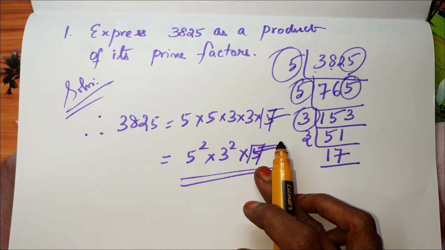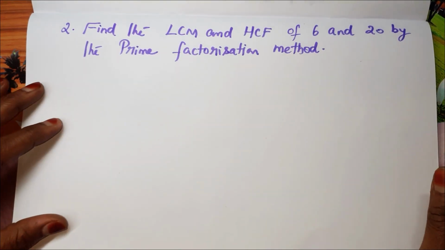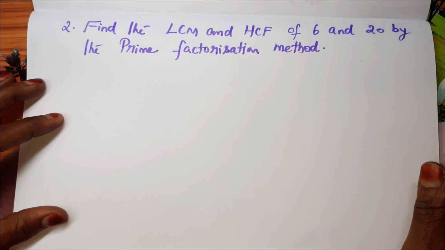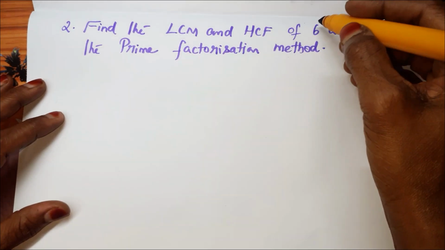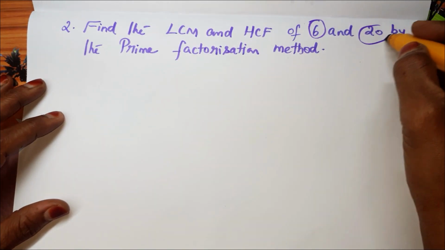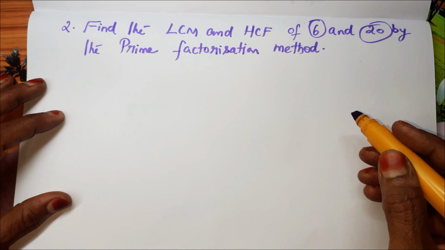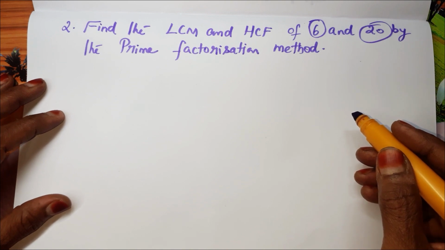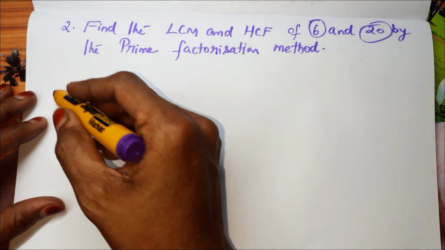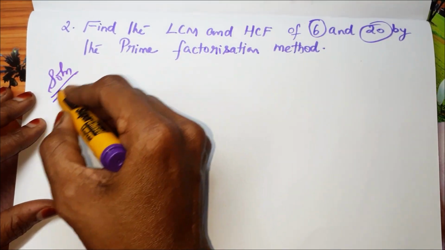Is it clear? Now come to the LCM and HCF. Here two numbers are given. We are going to find the LCM and HCF by the prime factorization method. So first we have to split the given numbers into their prime factors. Then we have to find the LCM and HCF. So what is the LCM?